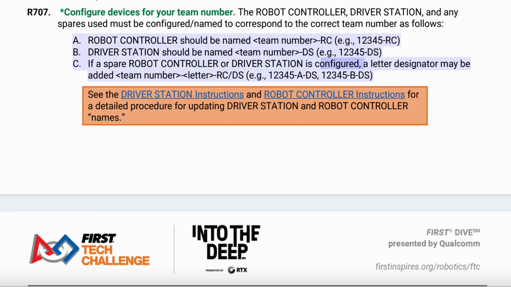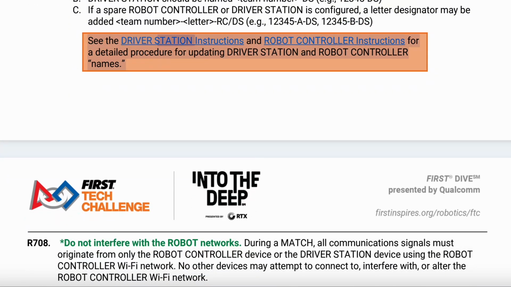If a spare robot controller or driver station is configured, a letter designator may be added: <team number>-<letter>-RC/DS, e.g. 12345-A-DS, 12345-B-DS. See the driver station instructions and robot controller instructions for a detailed procedure for updating driver station and robot controller names.